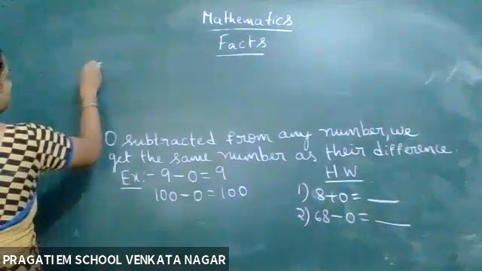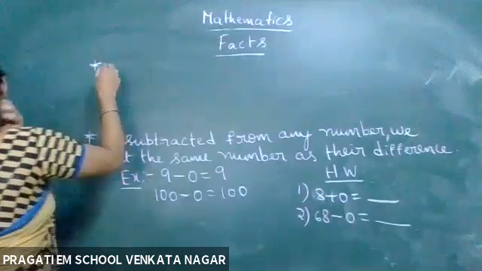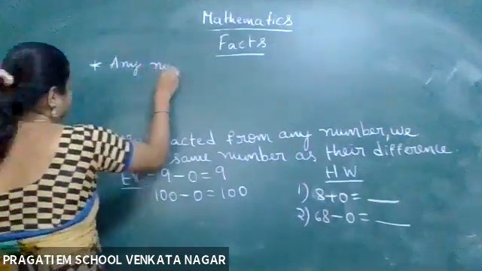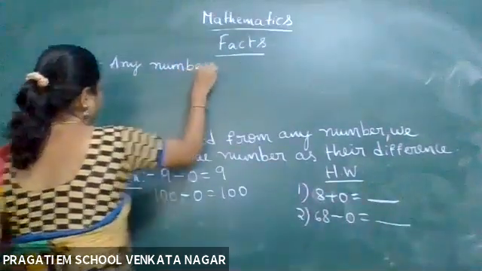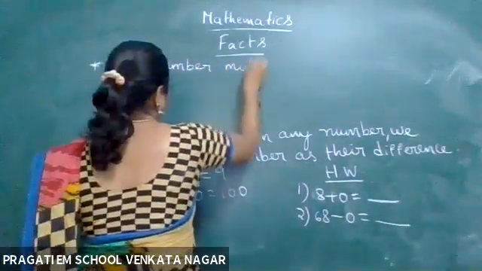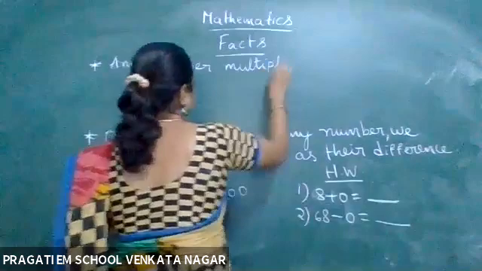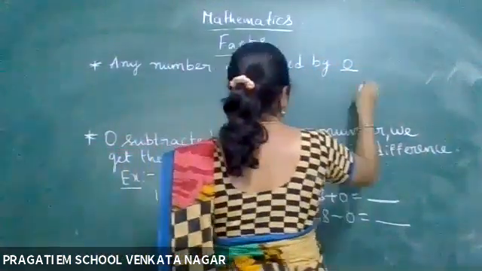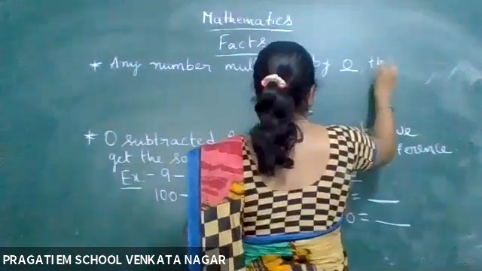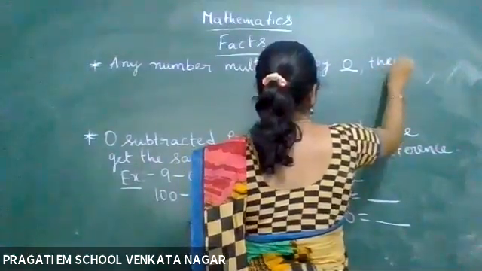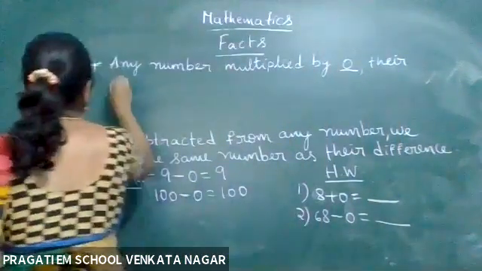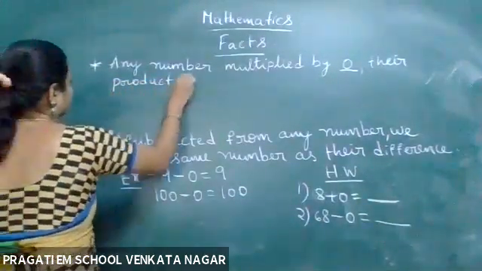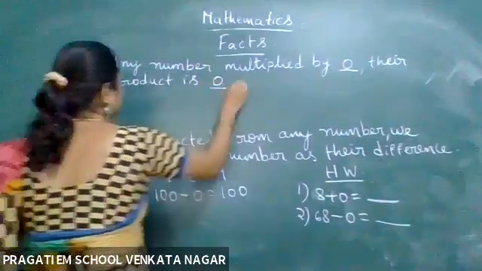Yes, next we have, children, any number multiplied by 0. What is their product? Zero itself.